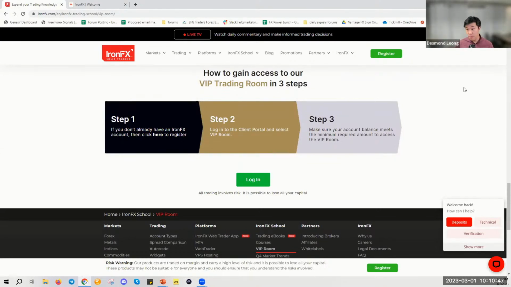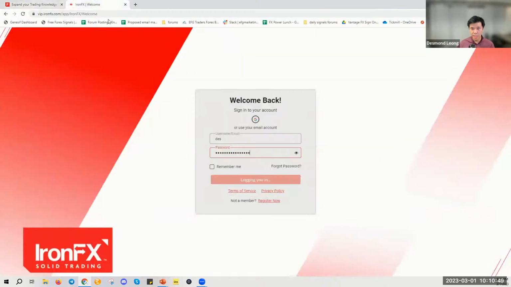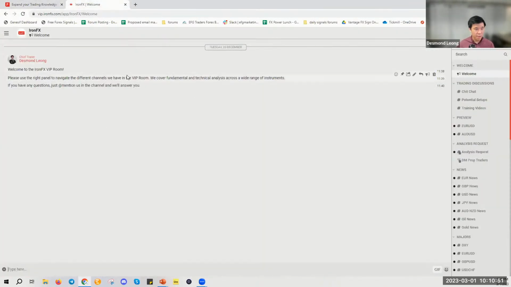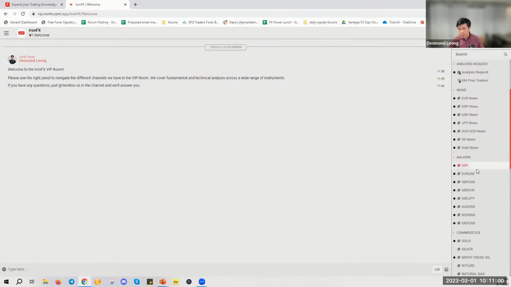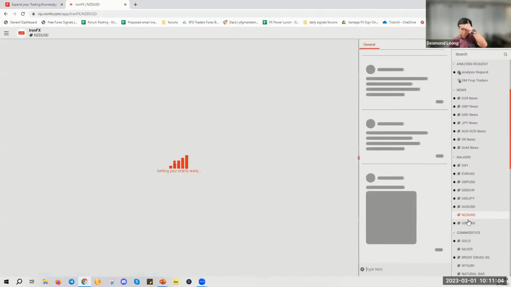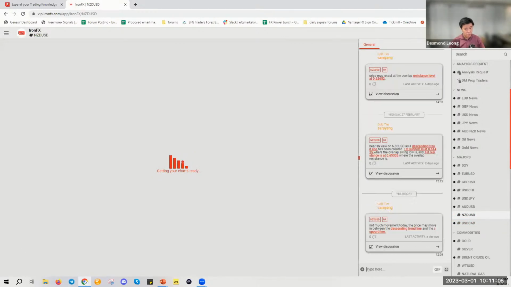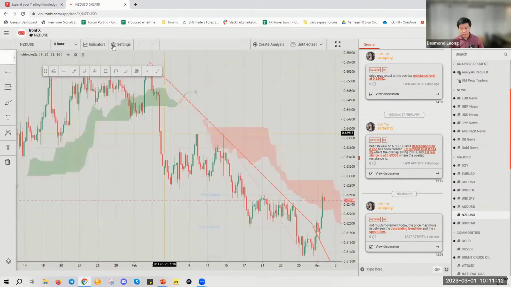I want to show you how it looks when you're inside. One of the main benefits is that I can come here, like I was looking at Kiwi dollar recently, at a potential double top pattern. Let me take a look. All right, so we are here on Kiwi dollar.